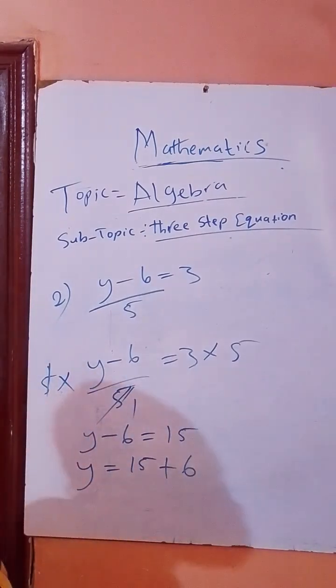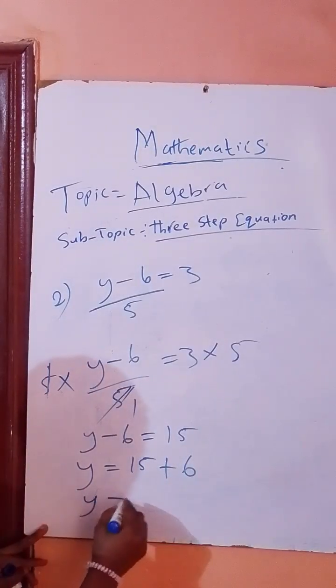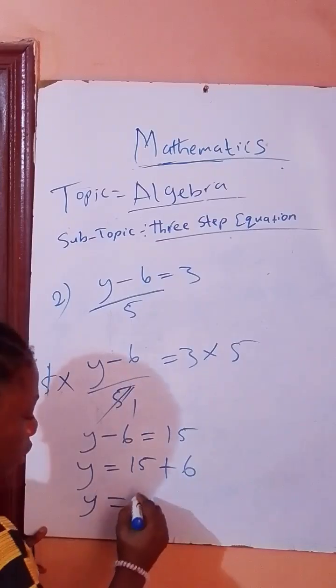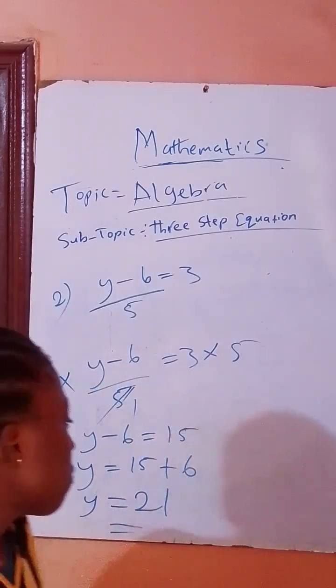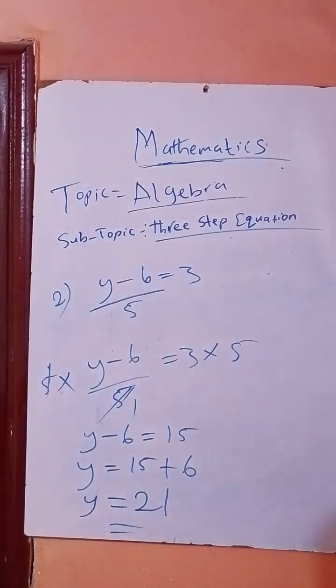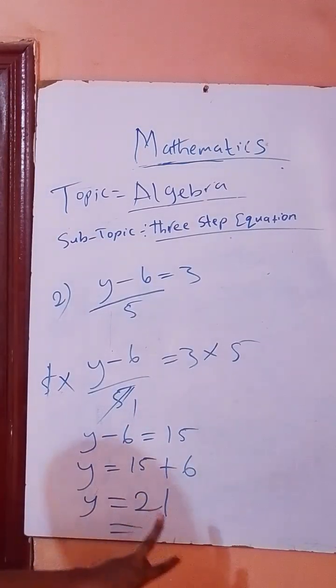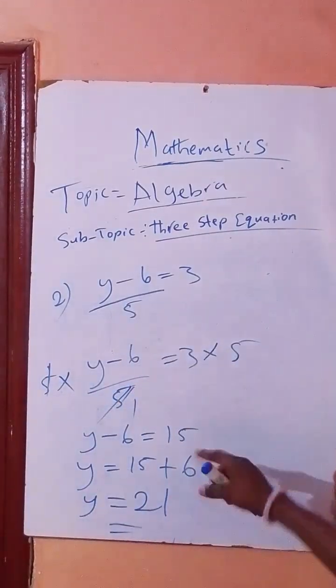You understand it to this place now. You have y equals 15 plus 6, which gives us 21. That means our y is 21. Understand what I solved here?